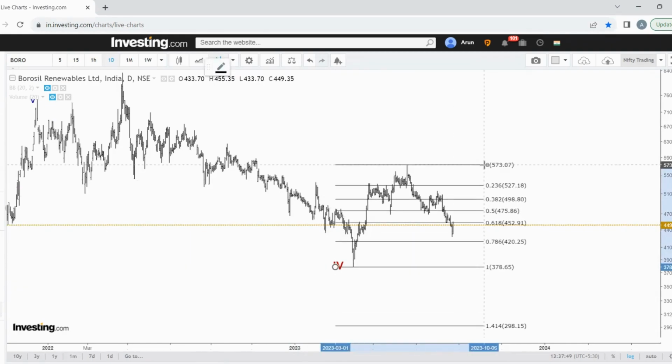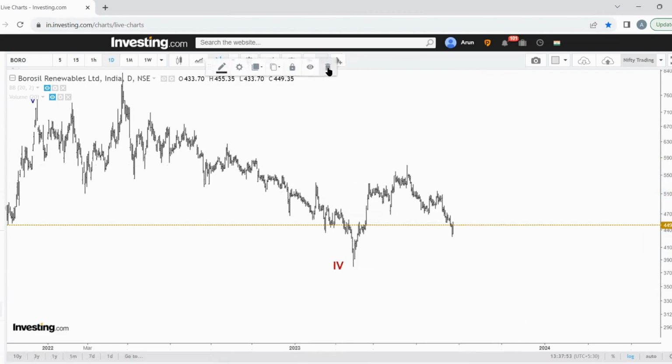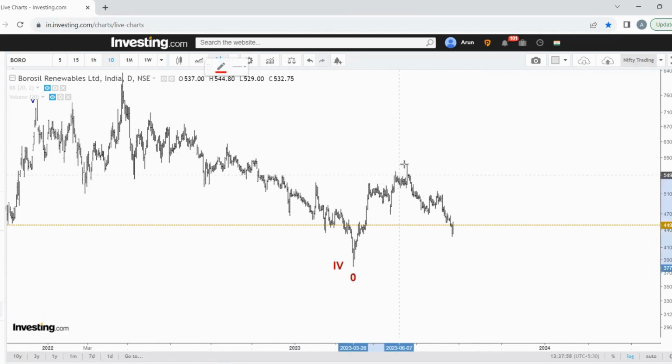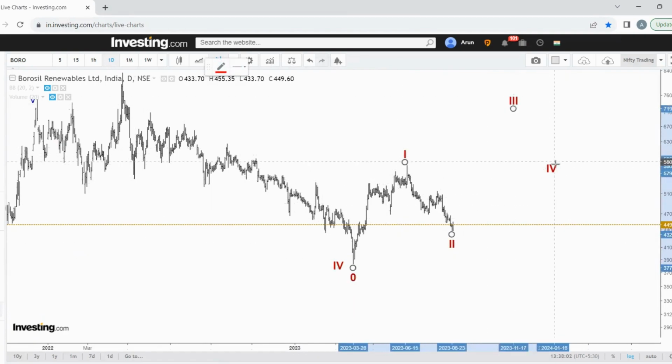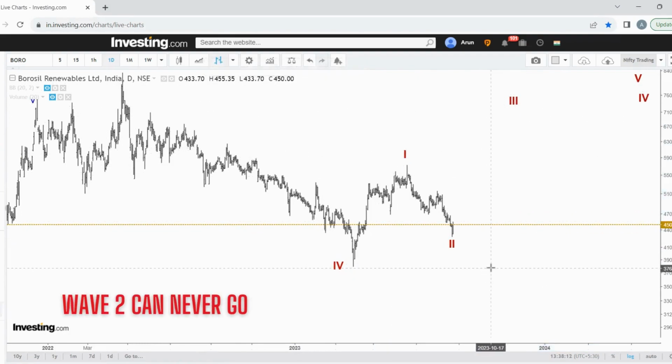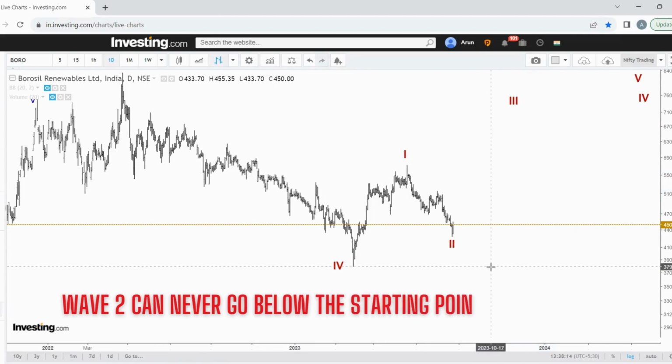It is almost 78.6. Okay. Right. So if it is wave 1 and wave 2, and we are expecting a wave 3, the price should not move beyond this level. Okay.